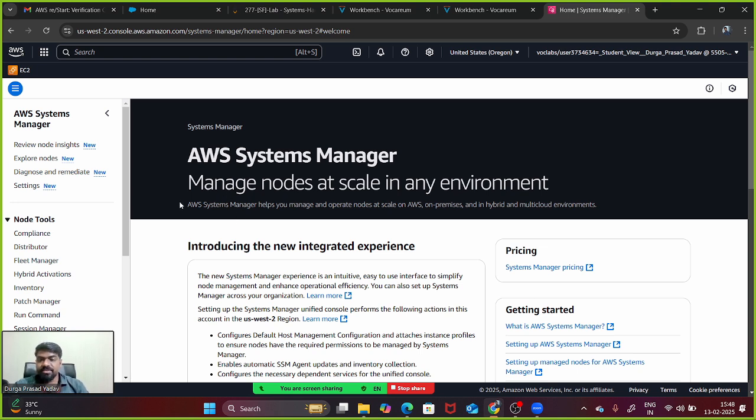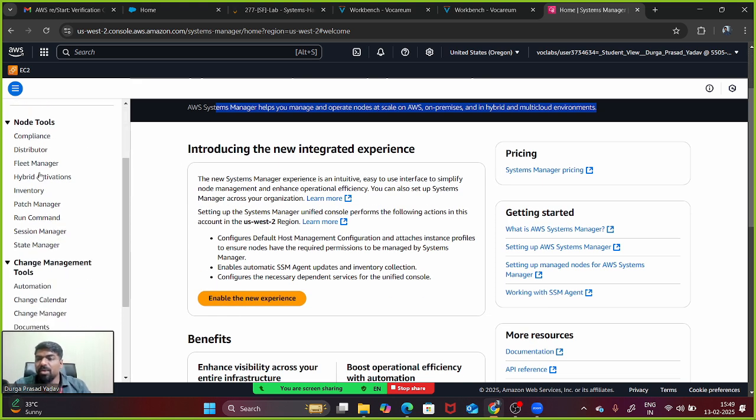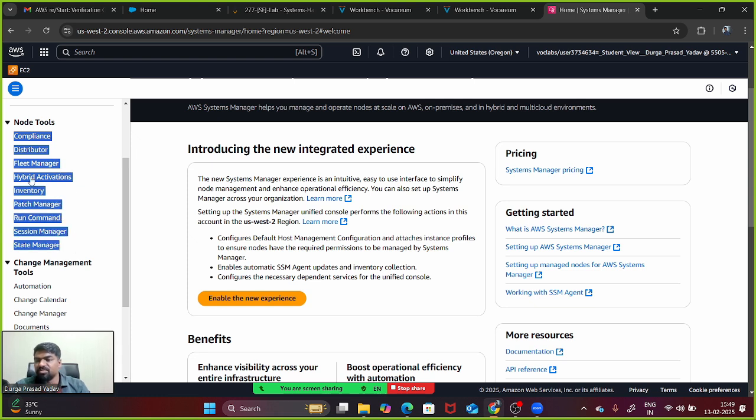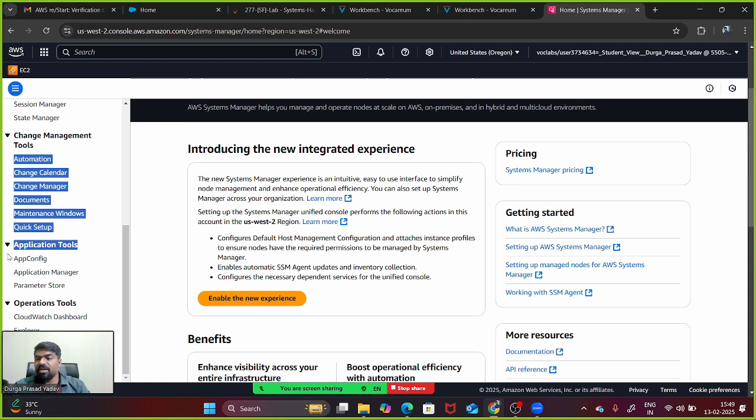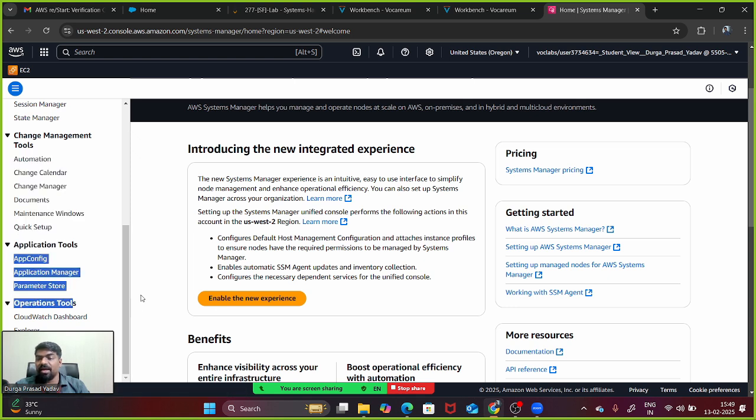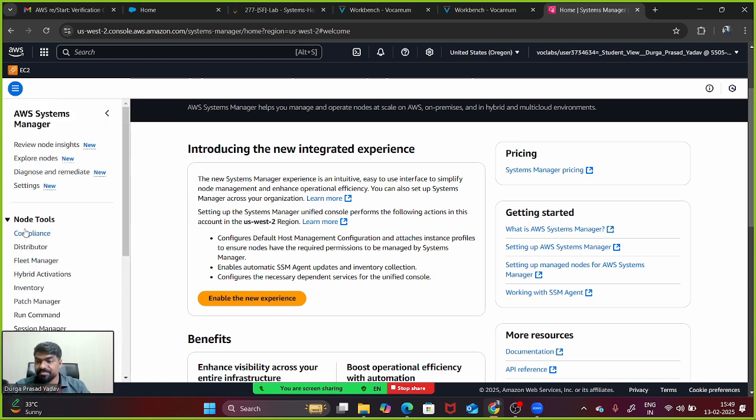Now under this, the System Manager will help you to manage and operate the AWS resource nodes or on-premises nodes also. But what do we have on the left menu, guys? There are so many things given in the left menu. Basically, it works on four particular areas that you need to understand.